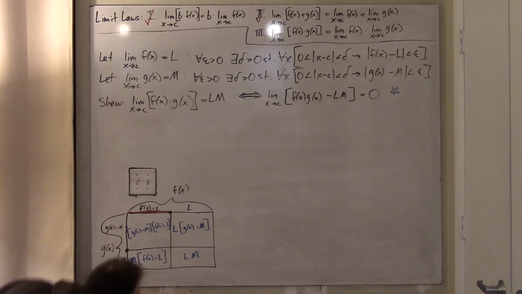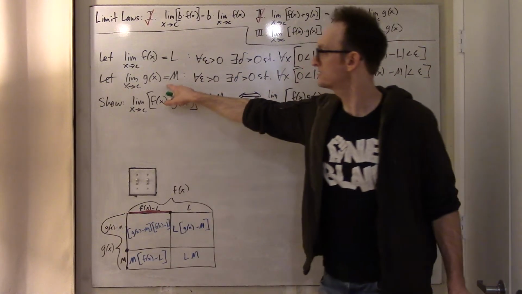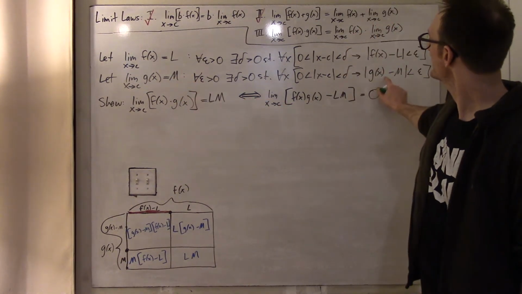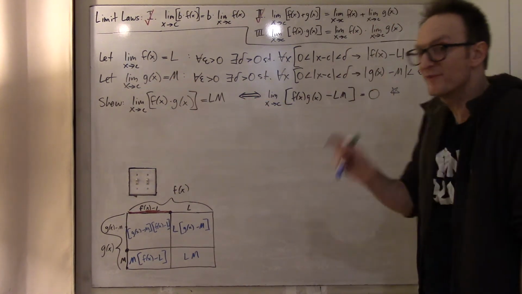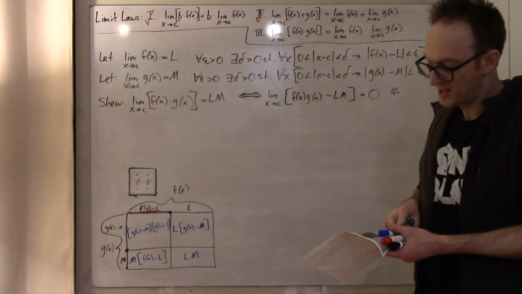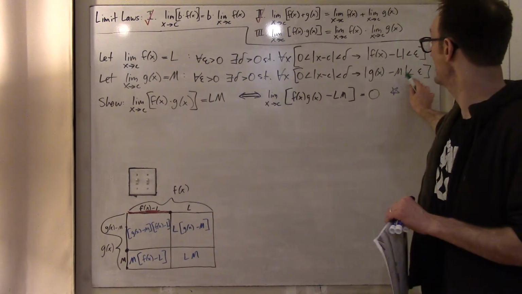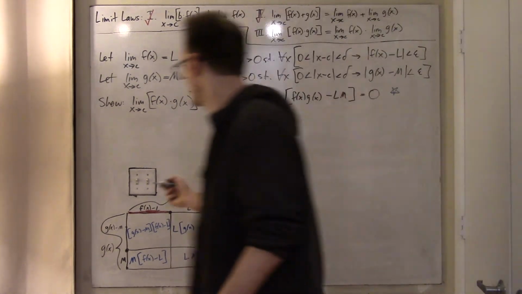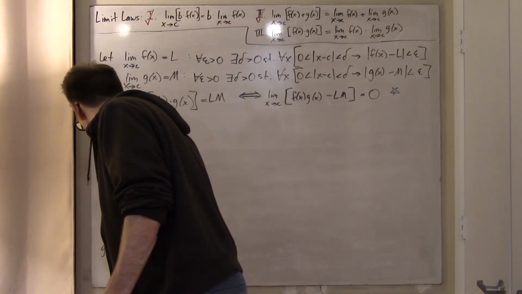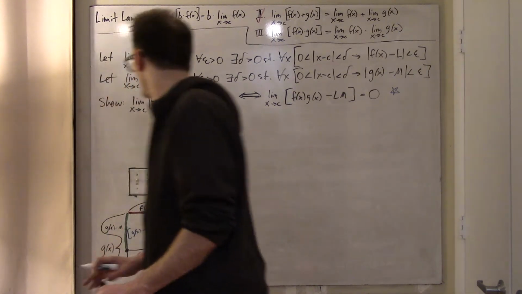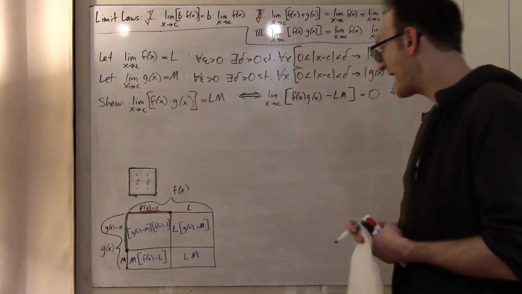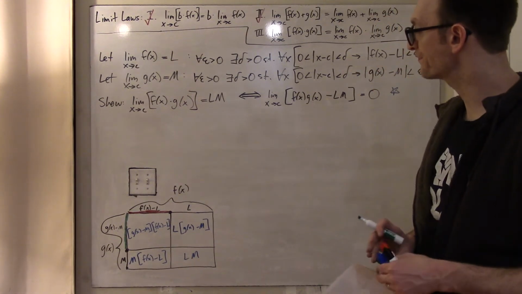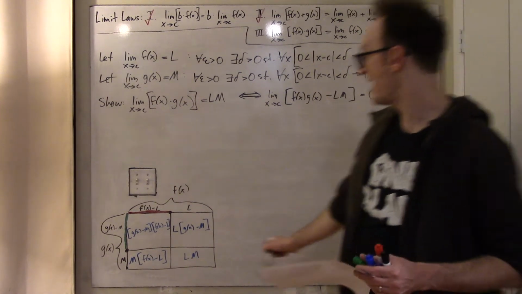Similarly, the limit as x approaches c of g is m. So in other words, I can make the gap between g and m very, very tiny as well, as small as I want. And so I should think of this thing, now I'll do it in green, as also really, really tiny. And it's Lm that is pretty big.